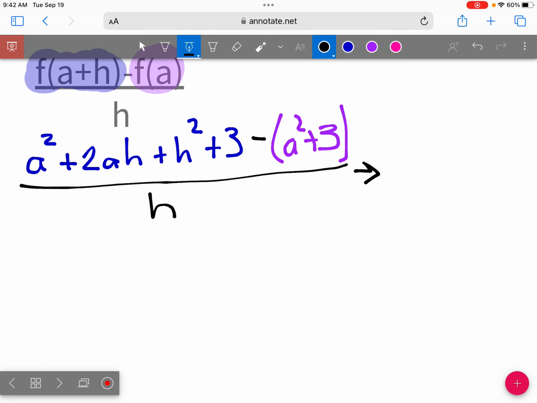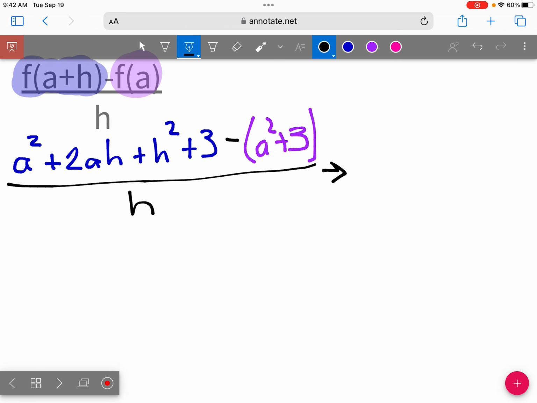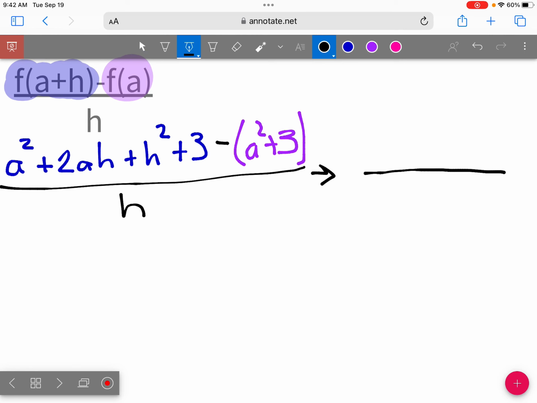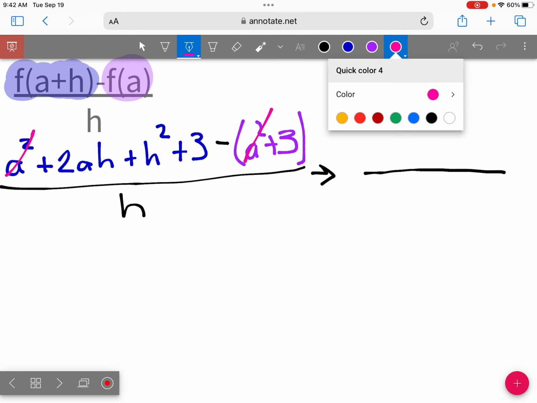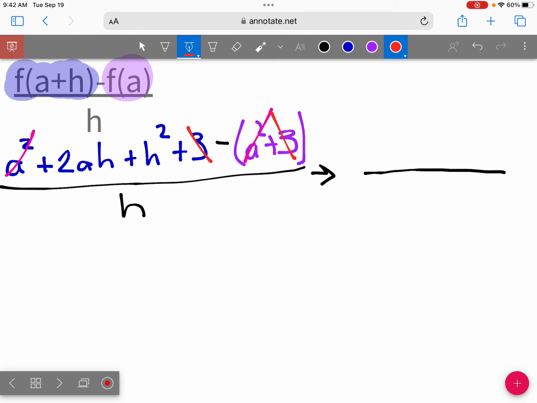So we have a squared plus 2ah plus h squared plus 3 minus a squared plus 3. So what's going to happen when we subtract the a squared? It's going to cancel with that guy. What's going to happen when we subtract the 3? It's going to cancel with that one. So we're going to be left with a numerator of 2ah plus h squared all over h.